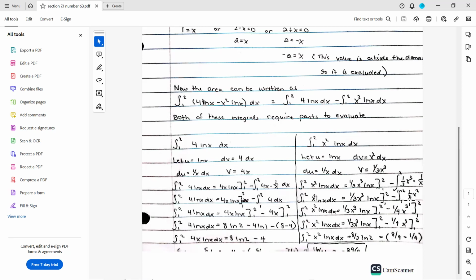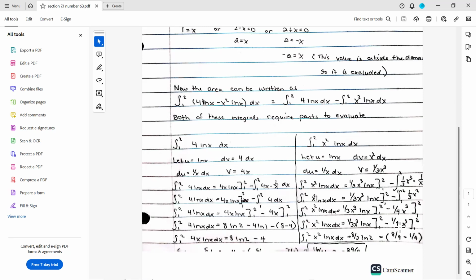So I have 1/3 x squared, and then I have to integrate this, so that's going to become x cubed over 3 again, but I already have a third. So I get 1/9, because I have 1/3 times 1/3 x cubed. So 1/9 x cubed from 1 to 2.